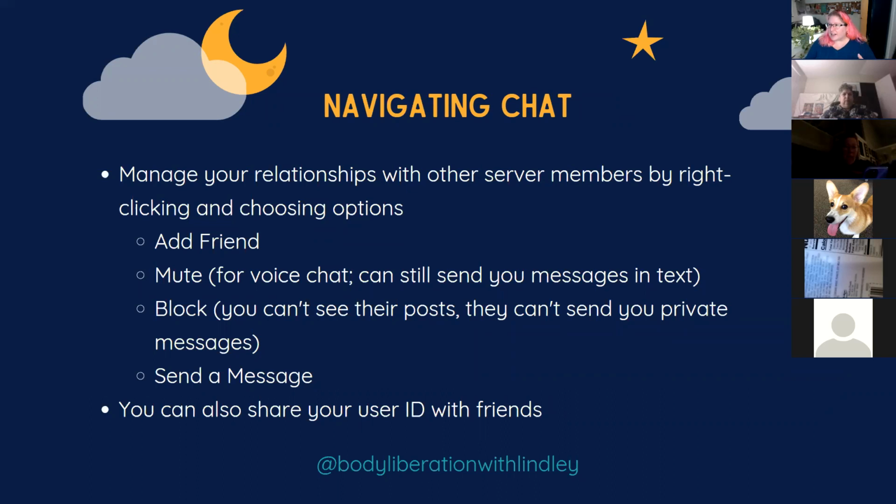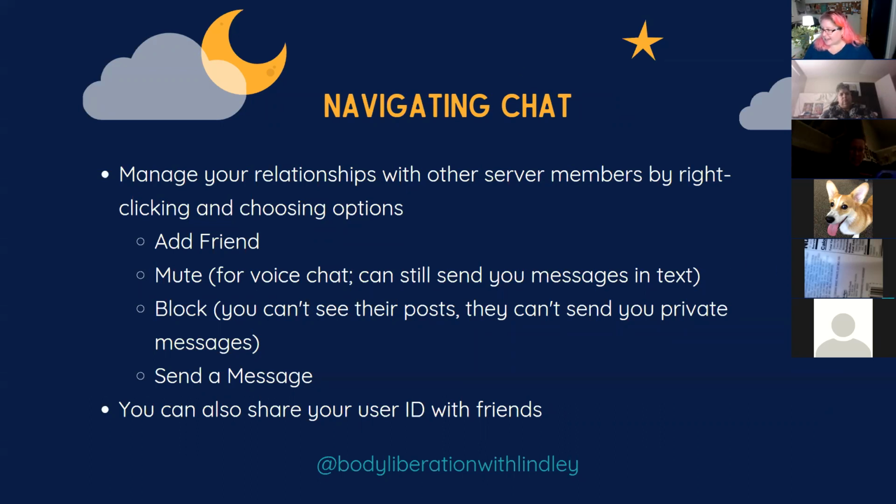When you are interacting with individuals, you've seen how to type into a server, into a channel, into a group chat. But you can also have relationships with individual people through Discord. Just like Facebook, you can friend people, you can block people, you can send people messages individually.